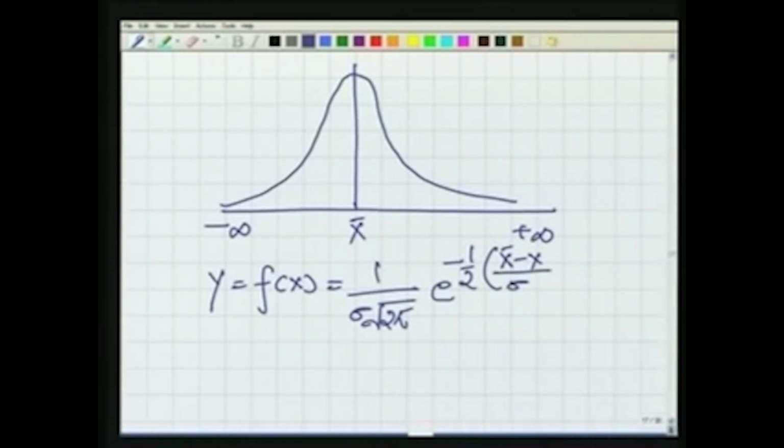This f(x), or y, gives the probability of occurrence of a variable x. So, this is the equation for this curve.